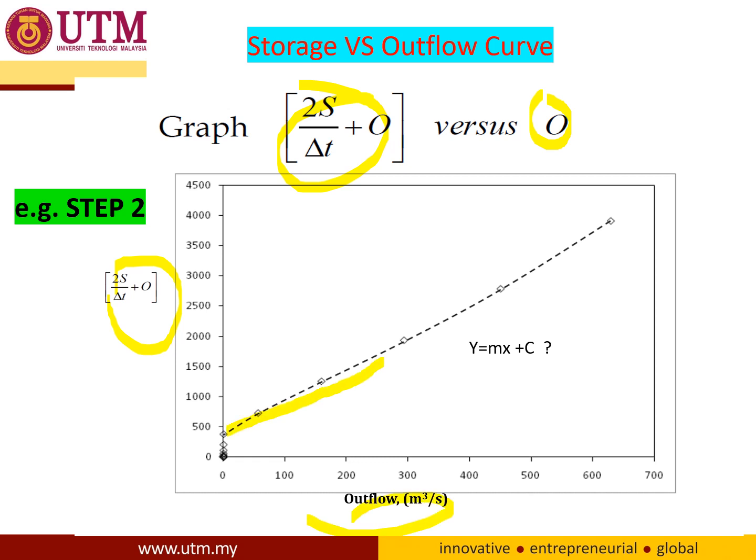So you will get this kind of line. If you get this line, to ease your calculation for the routing, you can extract the line formula, the line equation. You can get like y equals mx plus c. So you can extract this line formula so that you can put it into your calculation more easily.